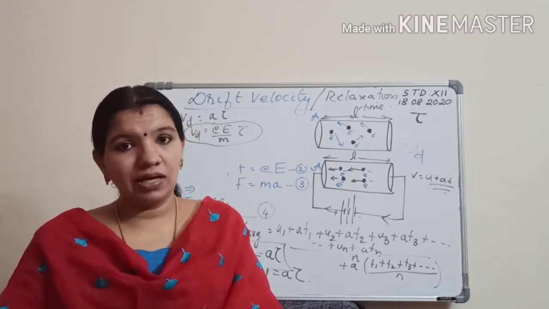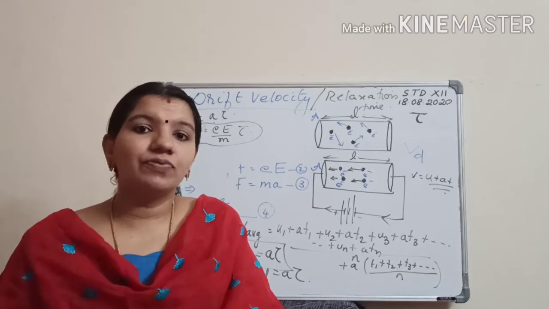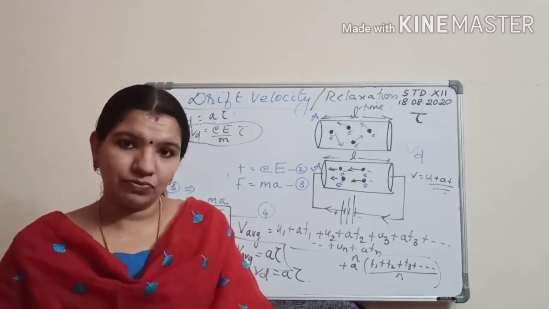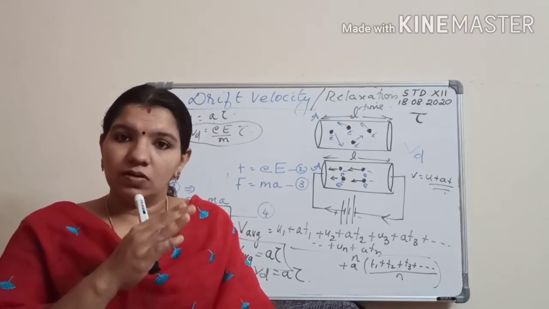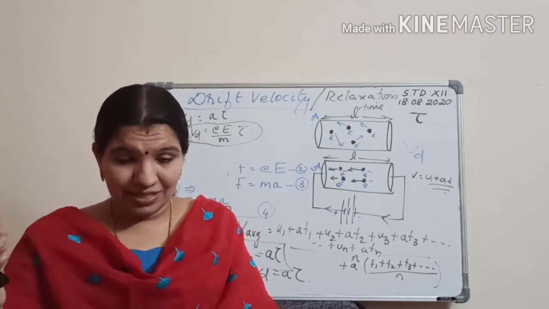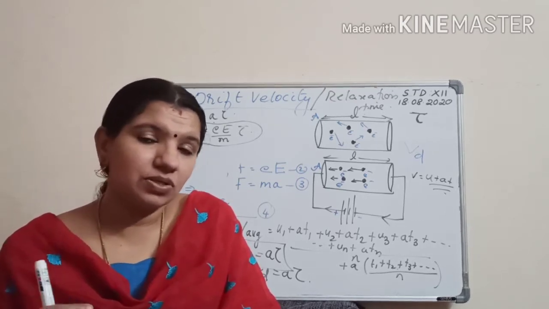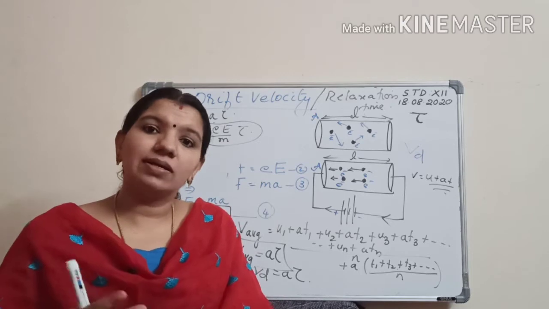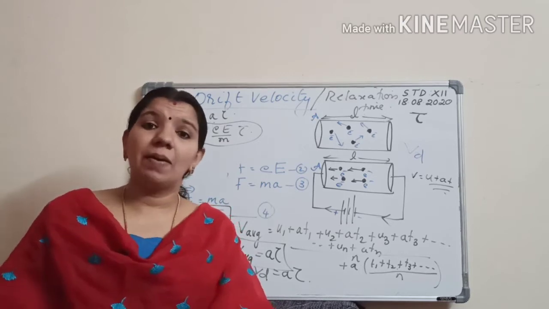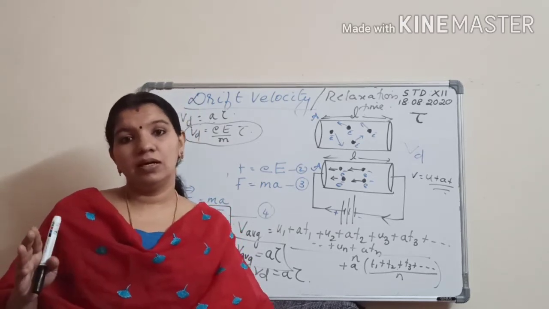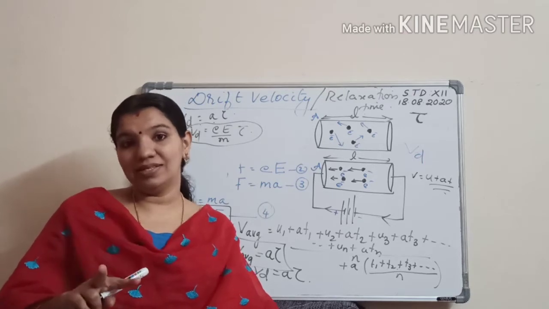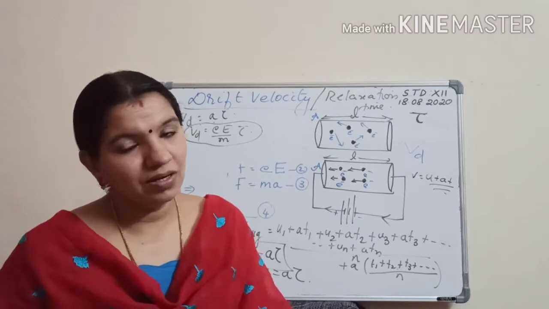Okay, the field is applied in one direction and the movement of the electron is in the opposite direction to that of the field. And now Newton's second law of motion, since these are having a constant acceleration, F is equal to m into a, and you can equate the values of force, that is ma is equal to eE. Small e is the charge and capital E is the electric field.